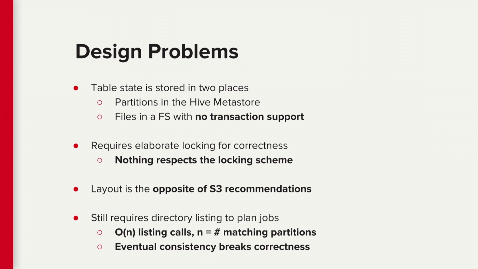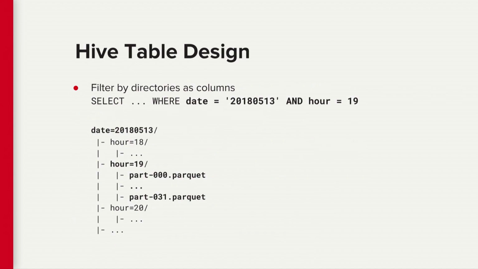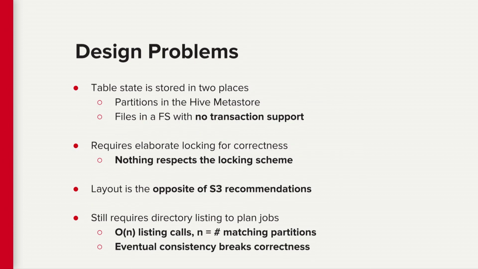But what we've done here is we've forced ourselves into this situation where we have to keep all of these things in sequential order in order to keep track of them for these listing operations. So we basically have a terrible situation for S3 performance. And not only that, it still requires directory listing to plan jobs, where you have O(n) listing calls and n is the number of matching partitions.